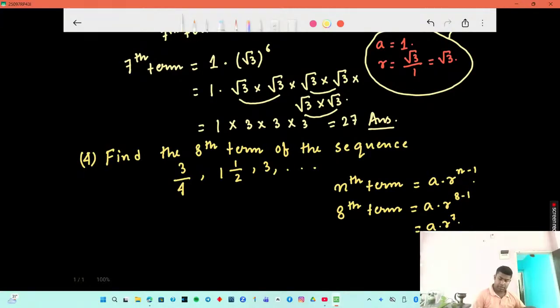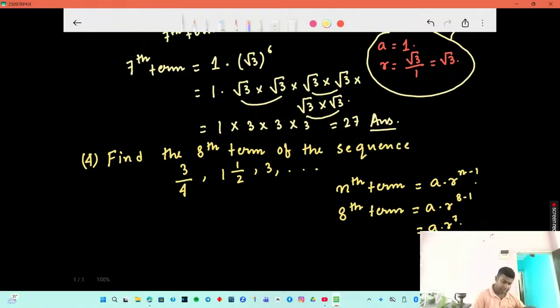Now here a is equal to 3 by 4, from the question, and r is equal to 3 by 2 divided by 3 by 4. So 3 cuts with 3, and 2 and 4 cut to give 2.